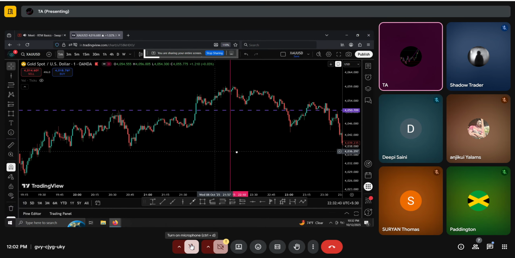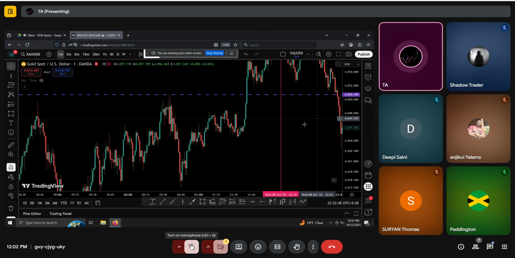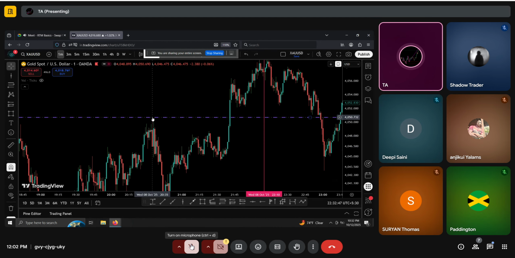You see, there is no pullback below this line, right? This is our resistance level. We write our resistance level here. Price goes up, did not come back to this horizontal line.